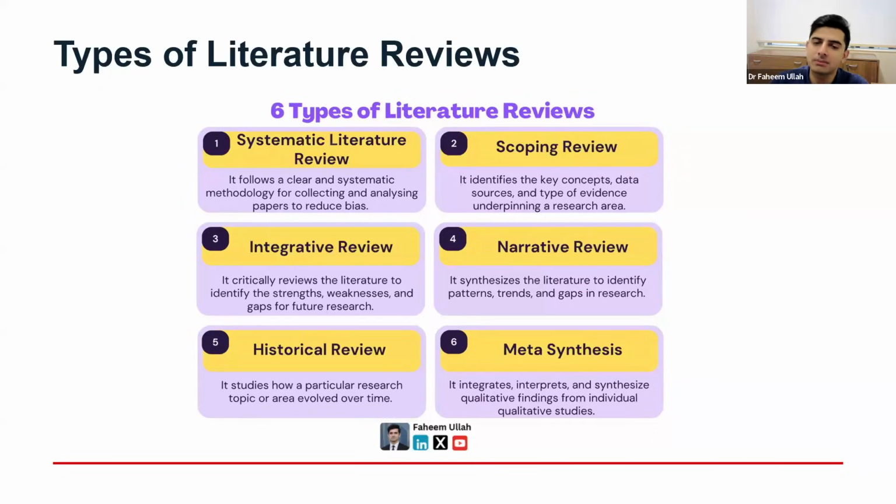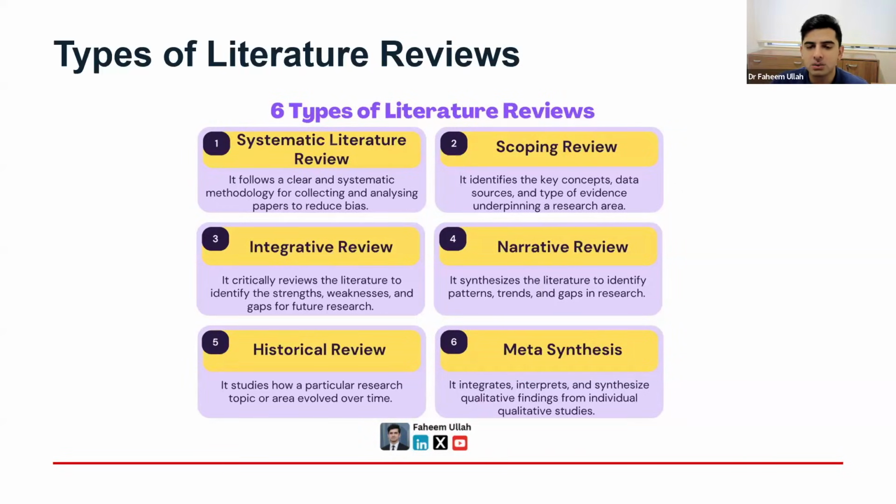The reason I am showing you these types of literature reviews is that before you start your literature review, you need to determine what kind of literature review you want to do.